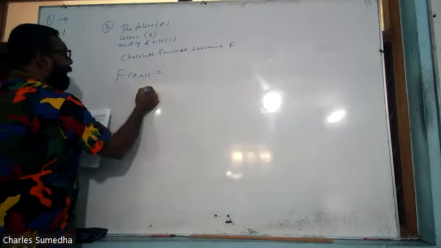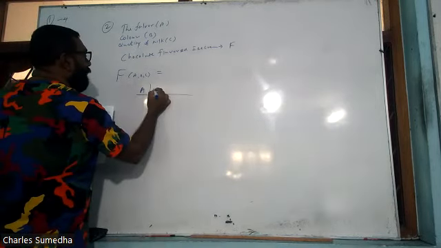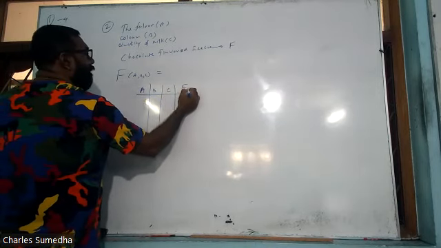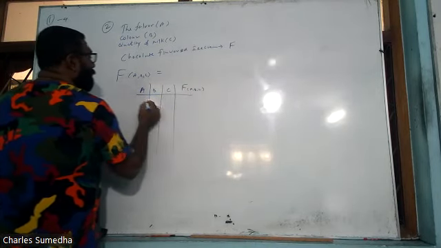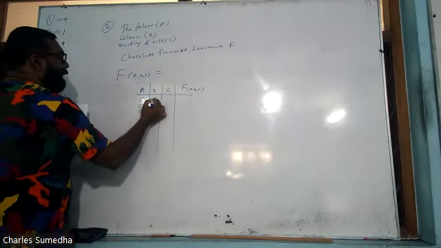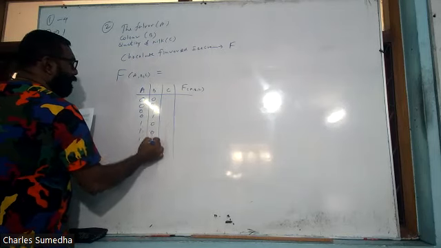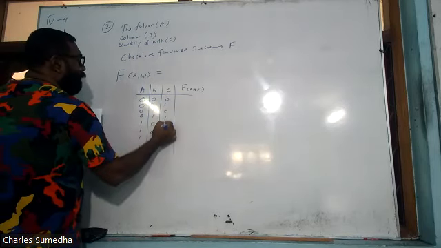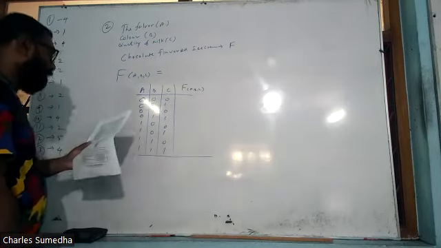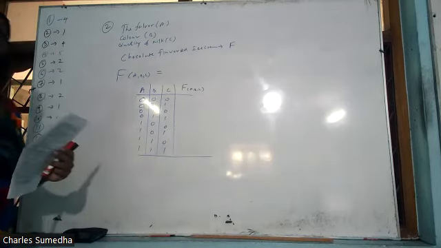We'll take A, B, C, 3 factors, then F, A, B, C: 0 0 0, 0 0 1, 0 1 0, 0 1 1, 1 0 0, 1 0 1. So in our syllabus, we are having three input signals.